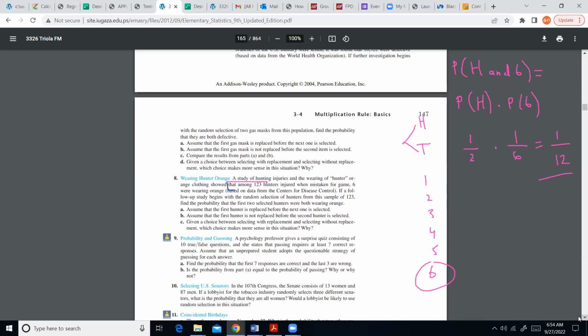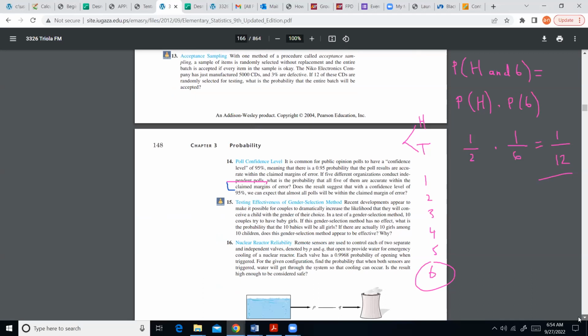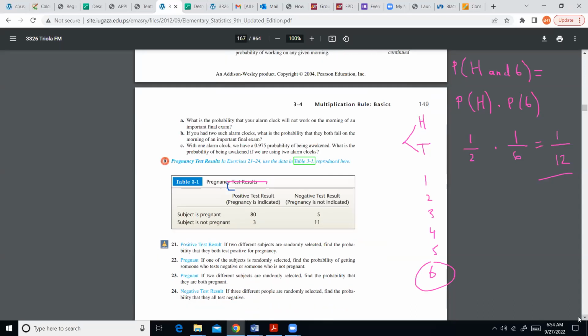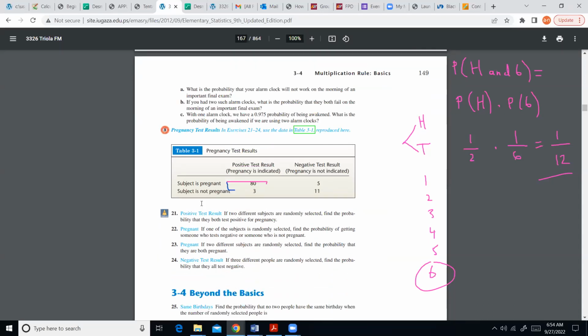So today I just want to do more problems in this chapter 3. Let me go to the next page and do some problems in this section. Looks like we have some more problems. Maybe I can take a look at exercise 21, which has a relation with the table they have here for us. This table is dealing with results of a pregnancy test.